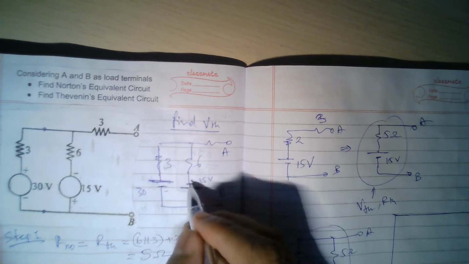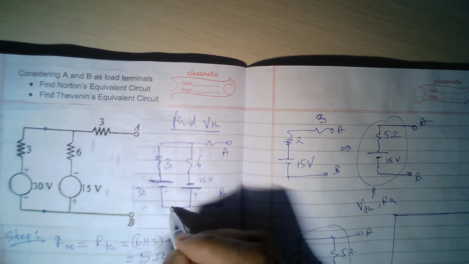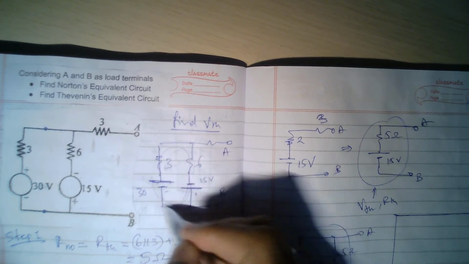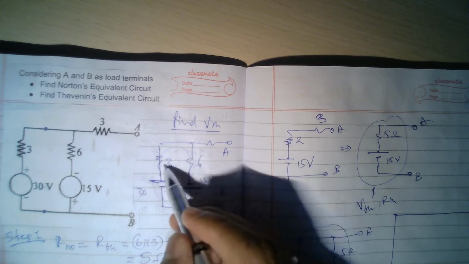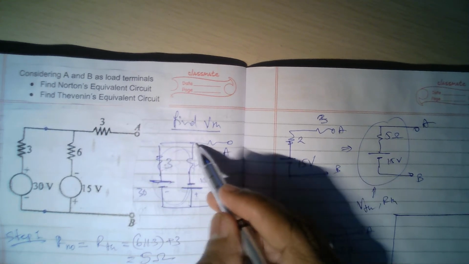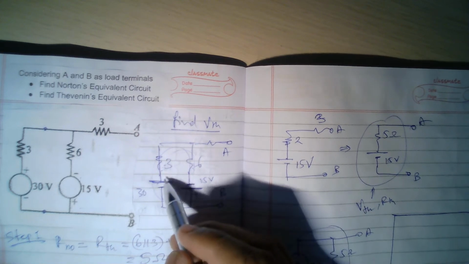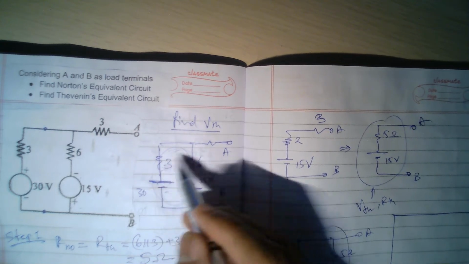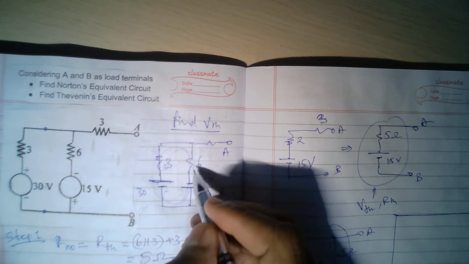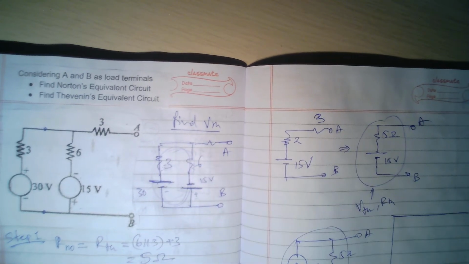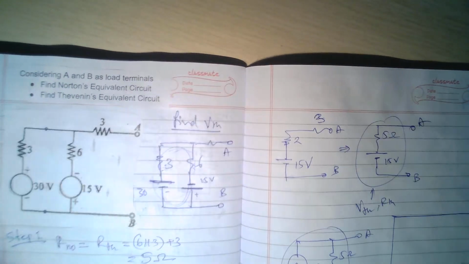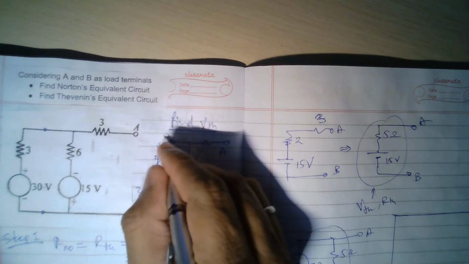That means these two voltages add up, they are in series. So the total voltage in this loop is 45 volts, and only the two resistances 6 and 3 are in series, because this branch has no current, this branch has no current, so only one loop current flows across all this. So 45 volts over 9 ohms, 6 plus 3 is 9, so 45 divided by 9, I get 5 amperes. So 5 amperes is the current here.